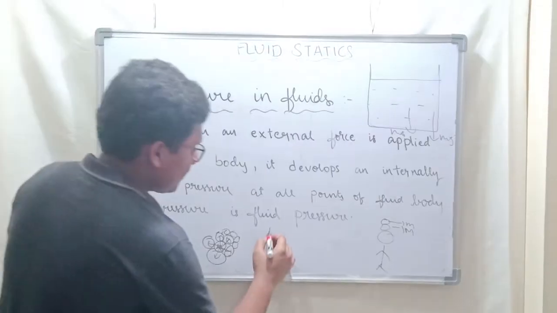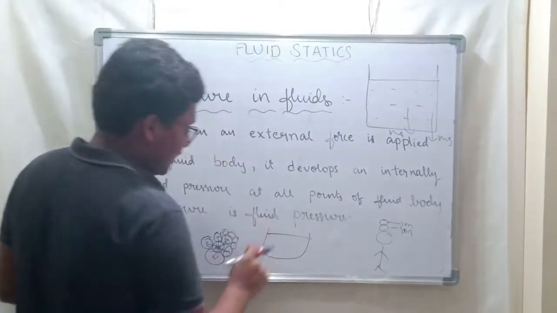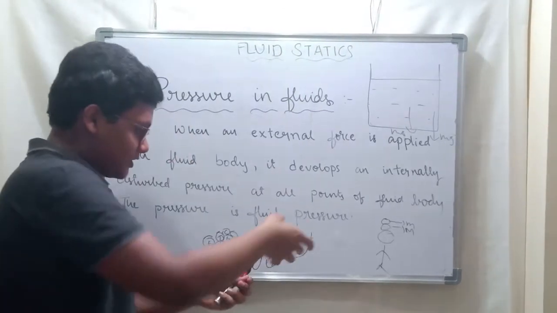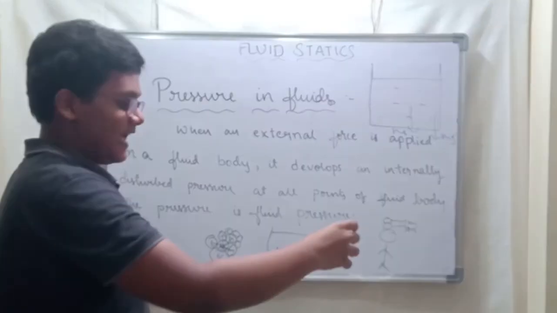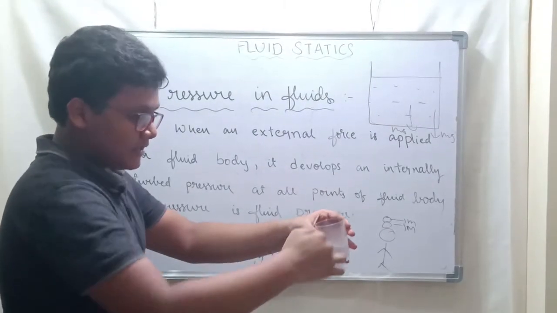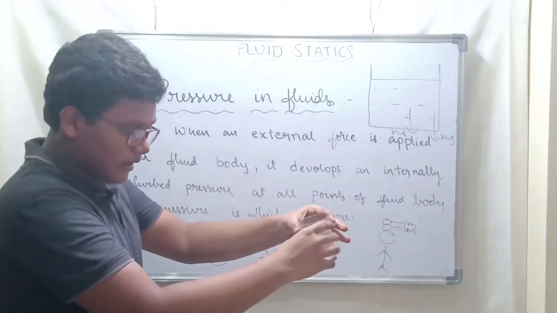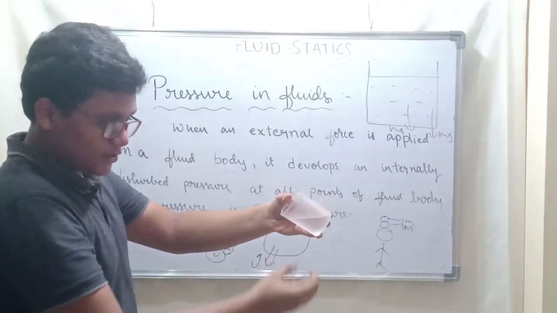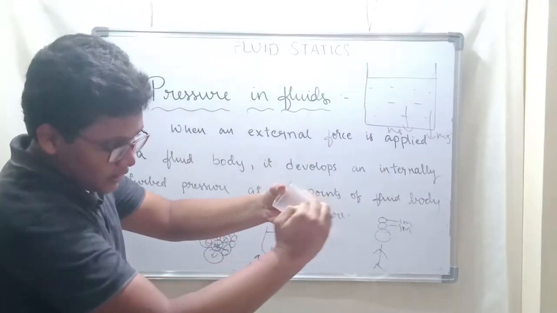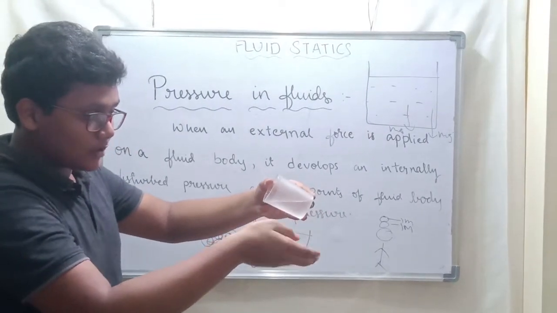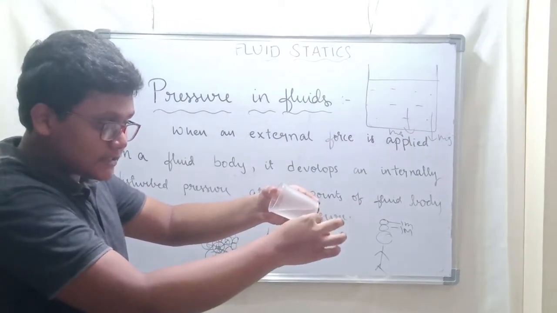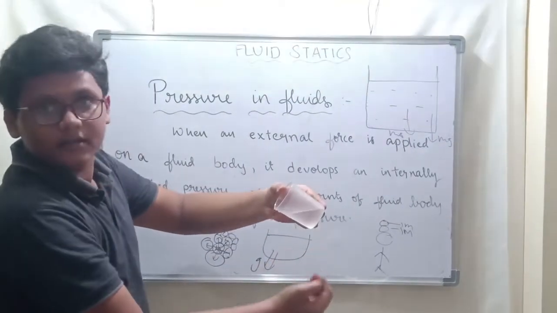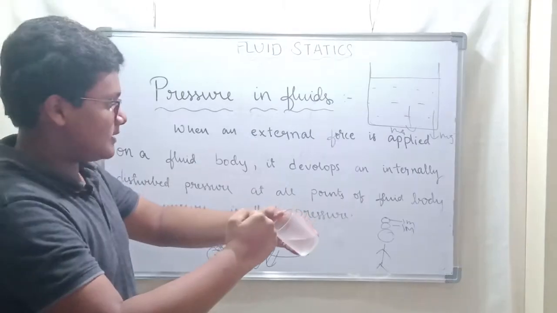So if we take a glass of liquid, if it is exerting pressure in this direction, then if we turn it, it will exert pressure in this direction, and the water will come like this. If we turn some more, it will exert more pressure this side, so the water is falling.